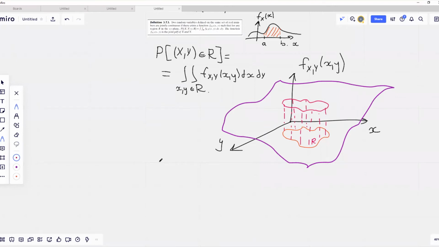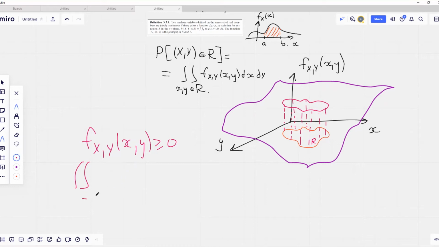Like in the case when we're working with a single random variable, for f of X and Y to be a valid PDF, we'll need the following two conditions to hold. First of all, it should be non-negative, so f of x, y should be greater than or equal to 0 for all values of x and y. And we'll also need the volume under all of our surface for all values of x and y.